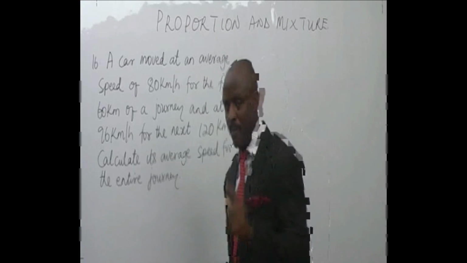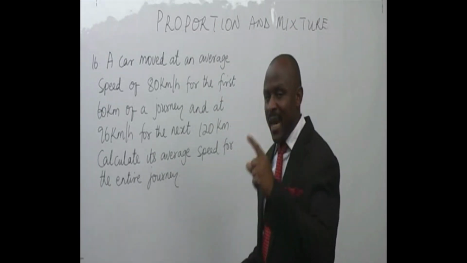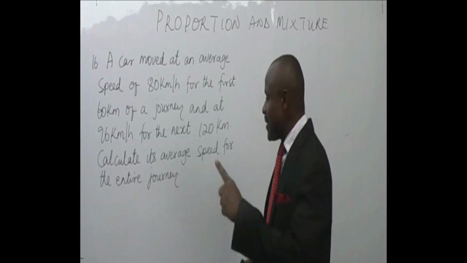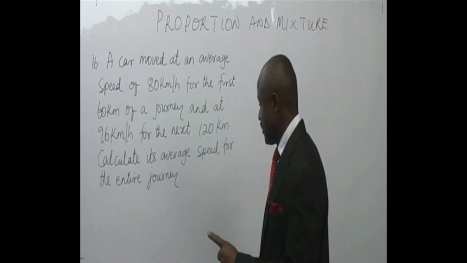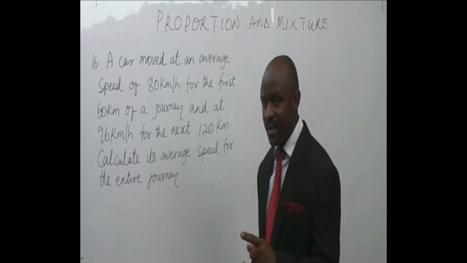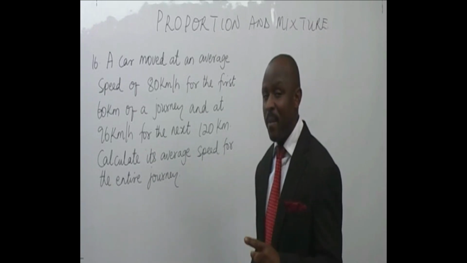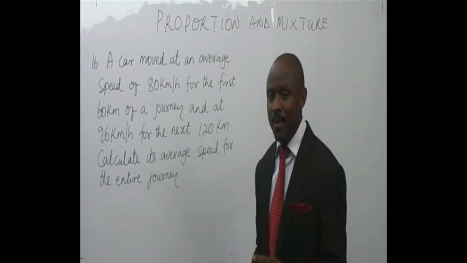Pay attention. The average total speed for the entire journey is the total distance covered divided by the total time taken to cover the distances.